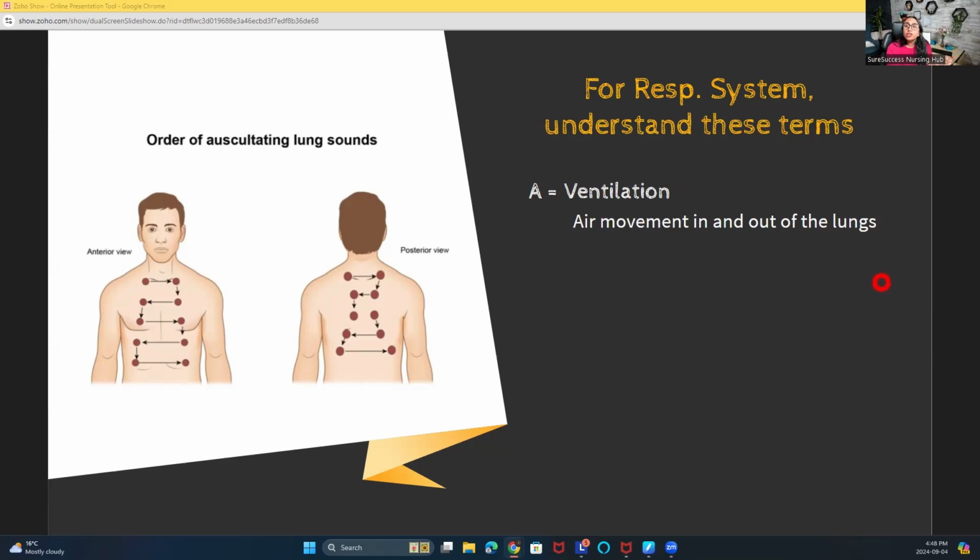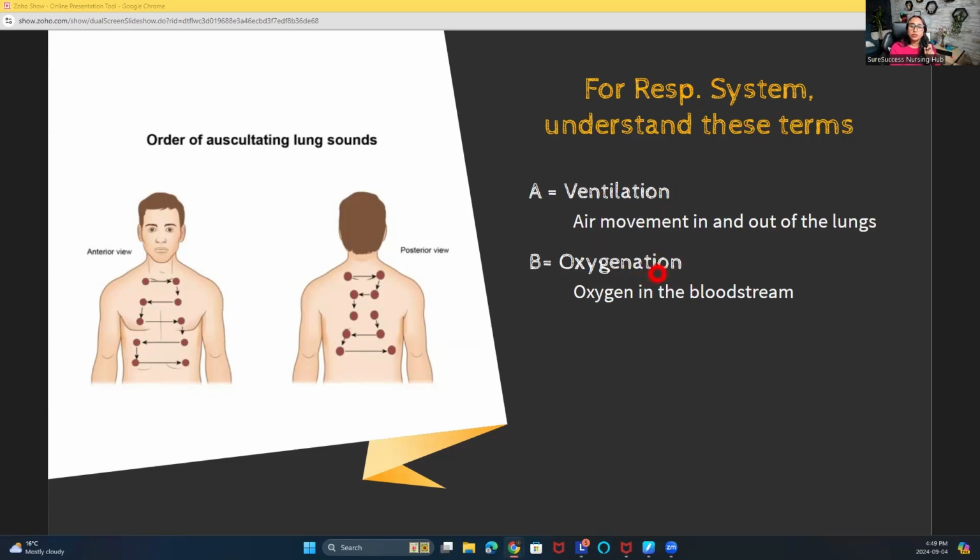The capillaries will not get oxygen and the carbon dioxide is not going in and out. That is known as oxygenation. For example, in pneumonia, is there any problem in the ventilation, breathing in, breathing out? No. Where is the problem? The problem is in oxygenation.